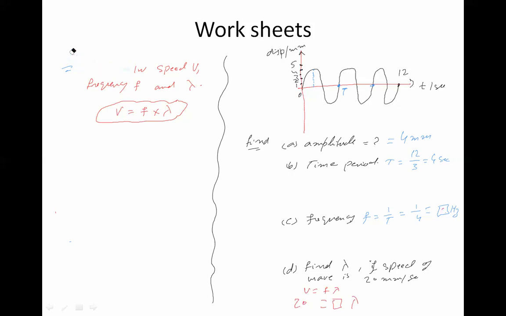Okay. Now look at another question with a very small change. Let's say this is again a wave.